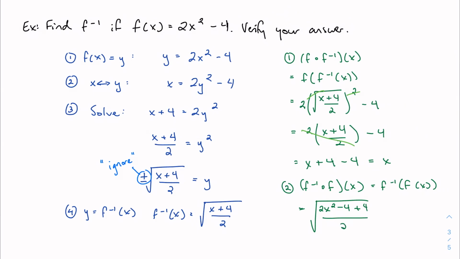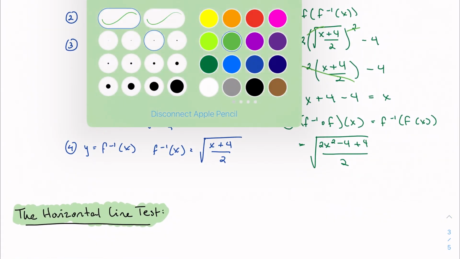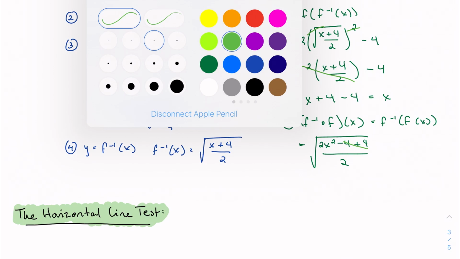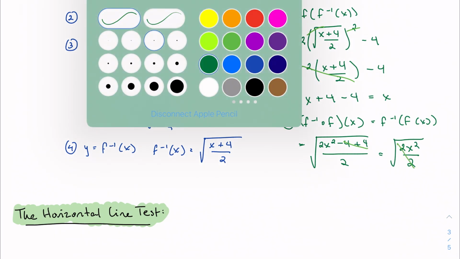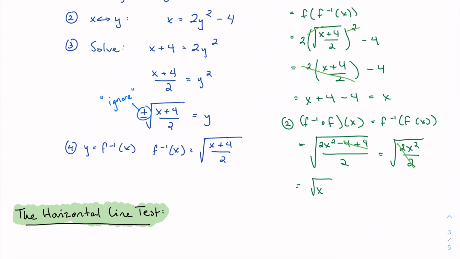That looks gross, but it's not that bad, I promise. The plus 4 minus 4 cancels out, and that leaves me with 2x squared over 2. The 2's cancel out. I have the square root of x squared, which is just x, so I'm good. And I've found and verified my inverse function.